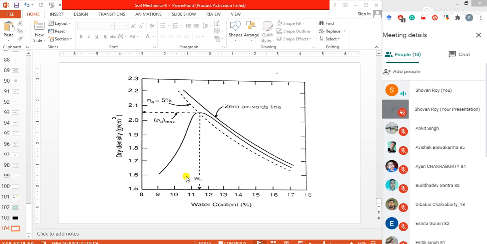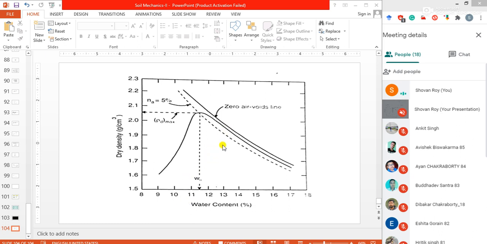You already know there is a mold, and we compact the soil in that mold and find the density of the soil, the bulk density as well as the dry density.